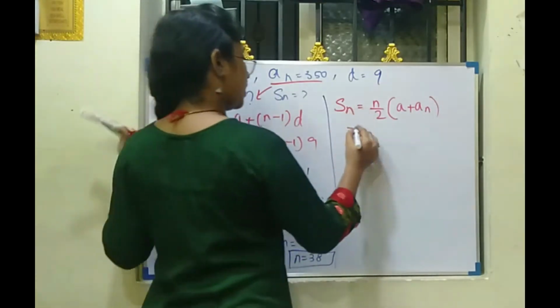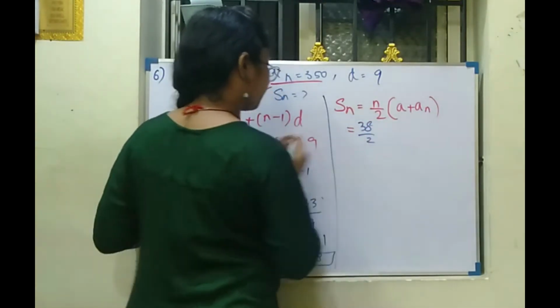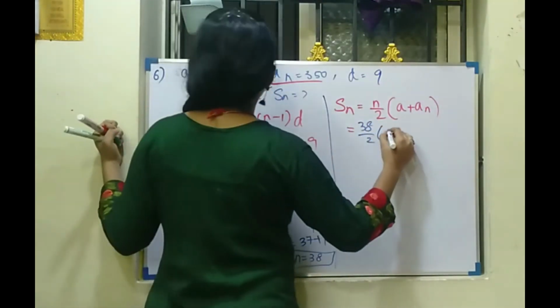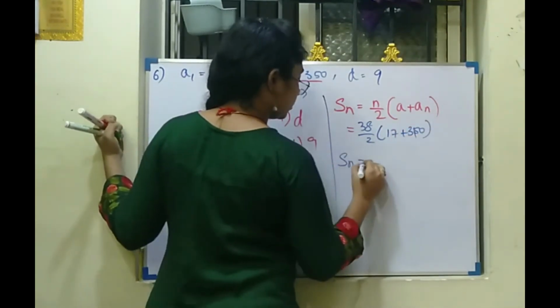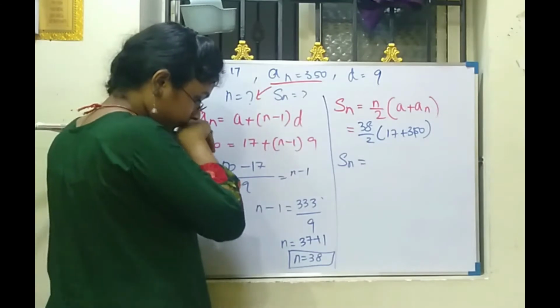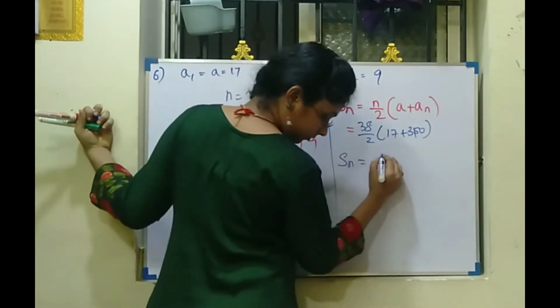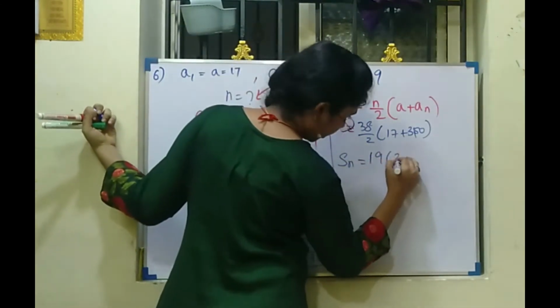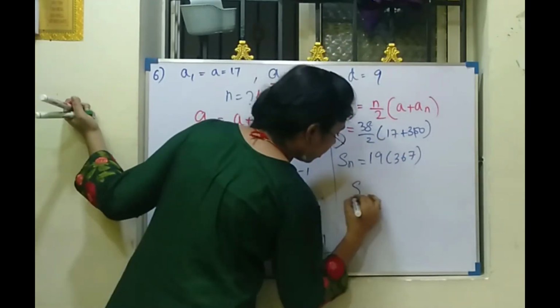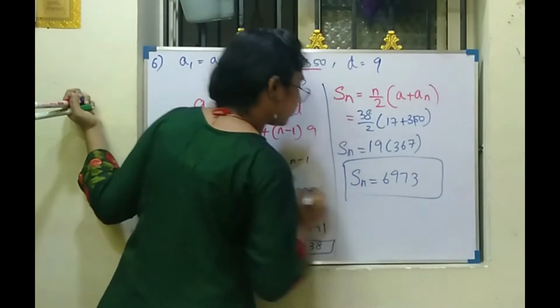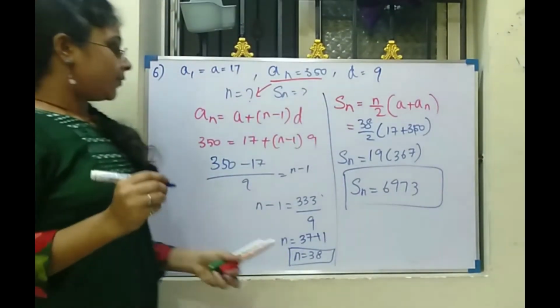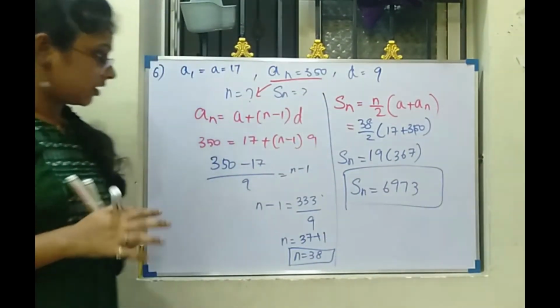So let's substitute these values here. Therefore Sn is equal to 19 of 367. Therefore Sn is equal to 6973. The sum of n terms will be 6973.